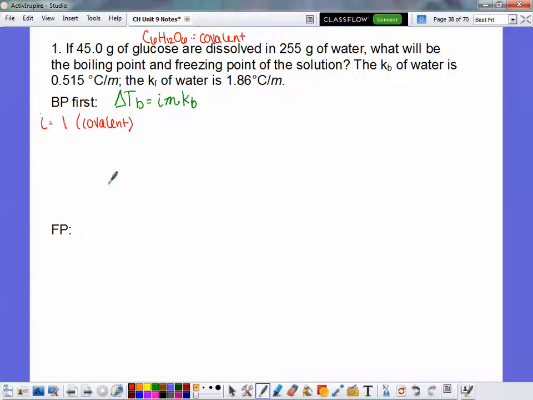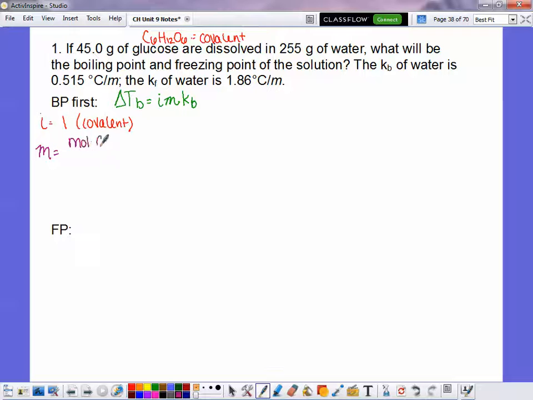So that was easy. M is the molality. We're going to need to calculate the molality of this solution in order to find the change in the boiling and freezing points. Remember, molality is moles of the solute divided by kilograms of the solvent.